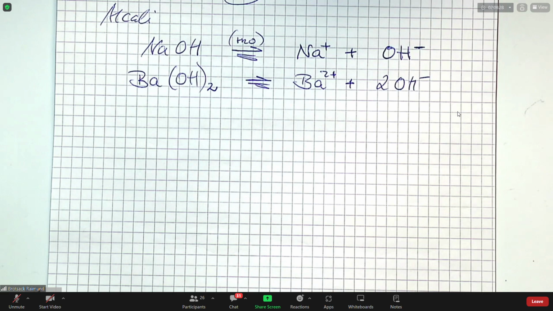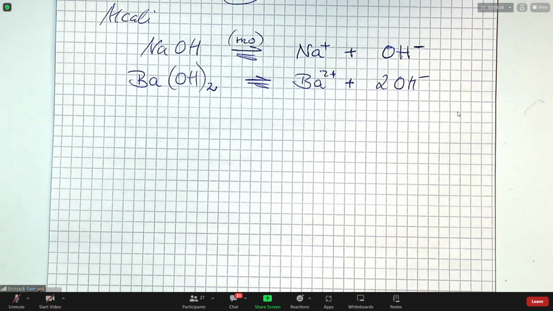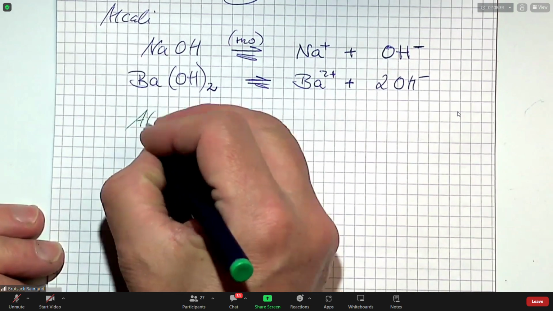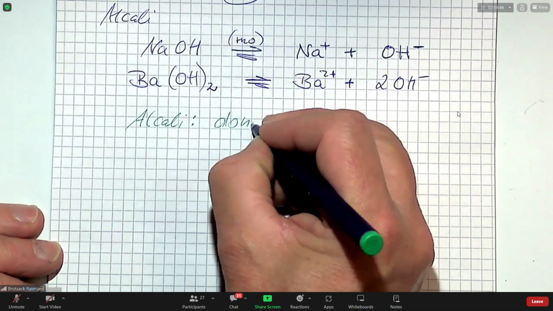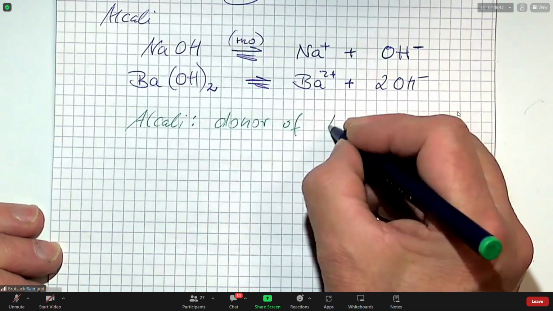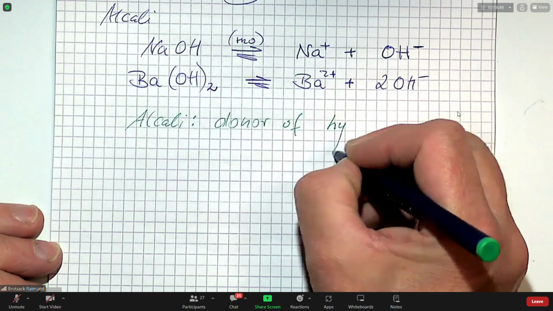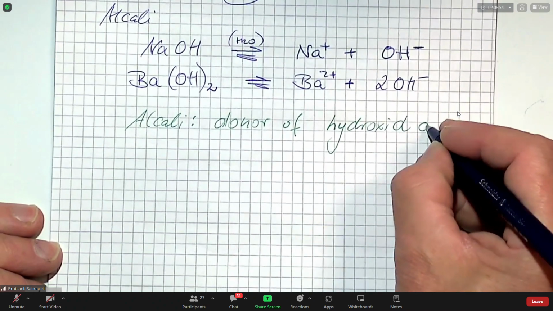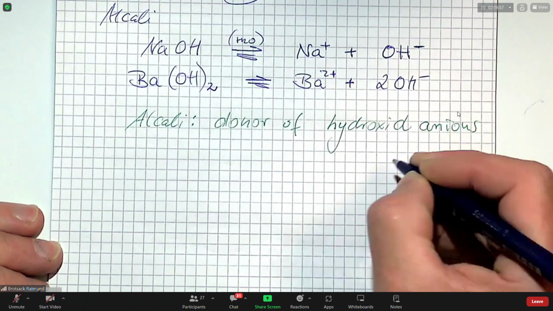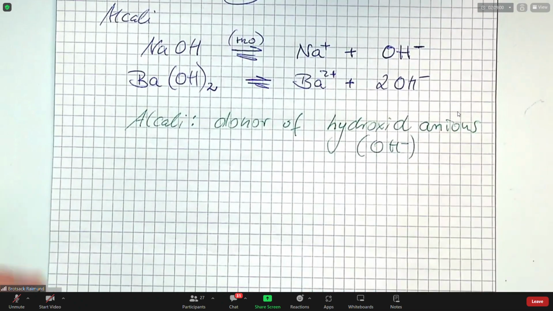In general, an alkali is a donor of hydroxide anions, the OH minus. So an acid is a proton donor, and an alkali is a hydroxide ion donor.